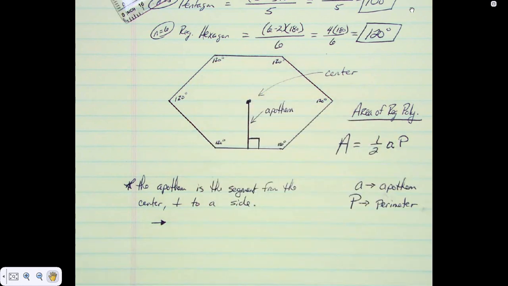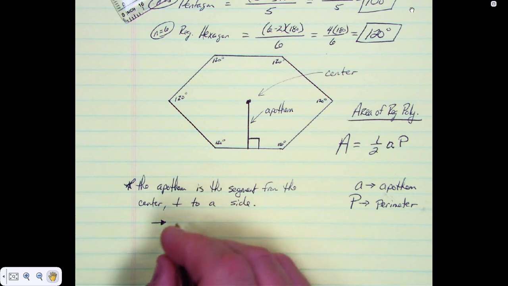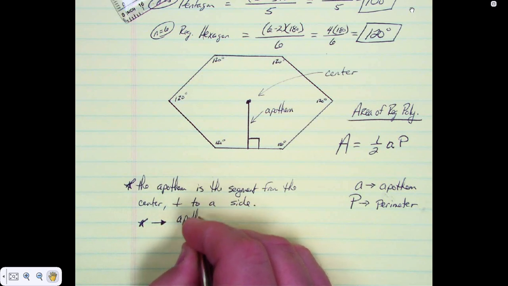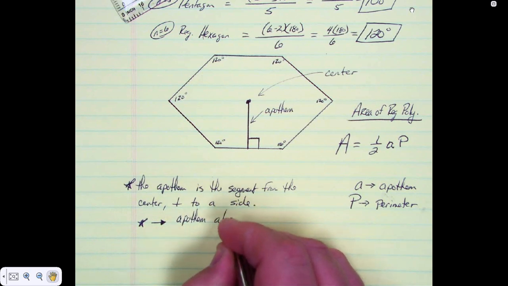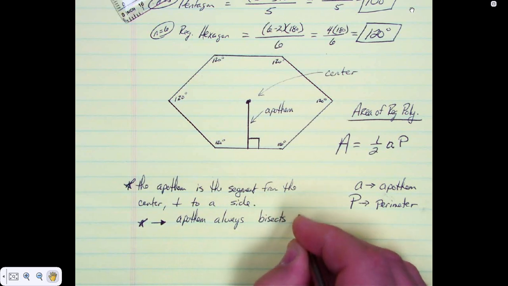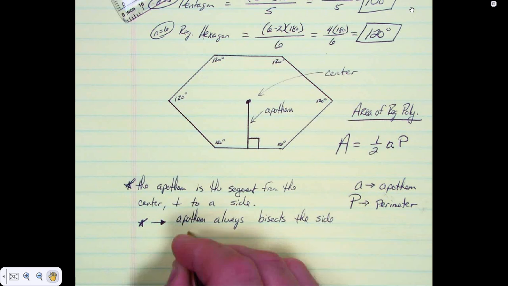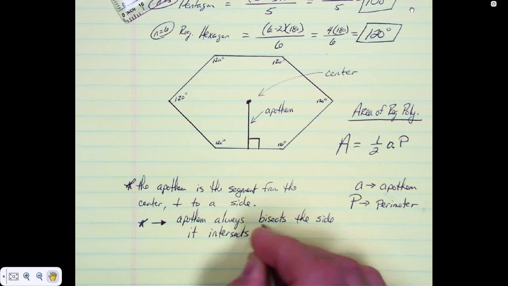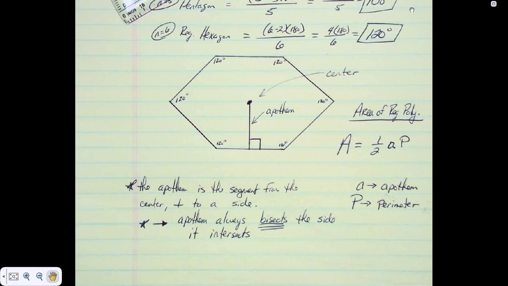Make sense? Another important thing to know about the apothem: it always bisects the side it intersects. So the key word there is what?